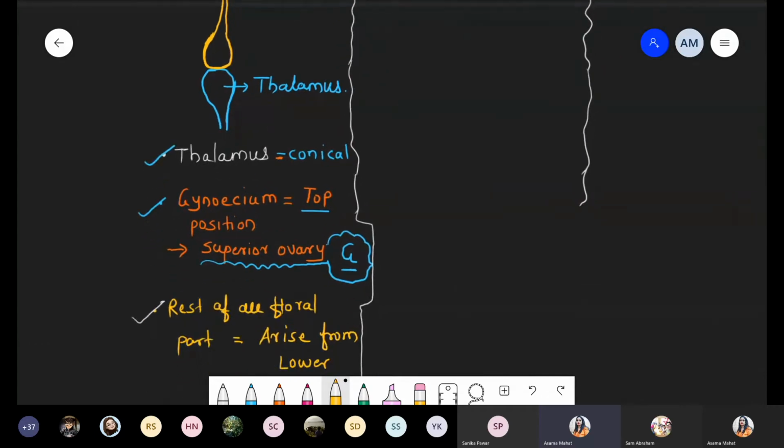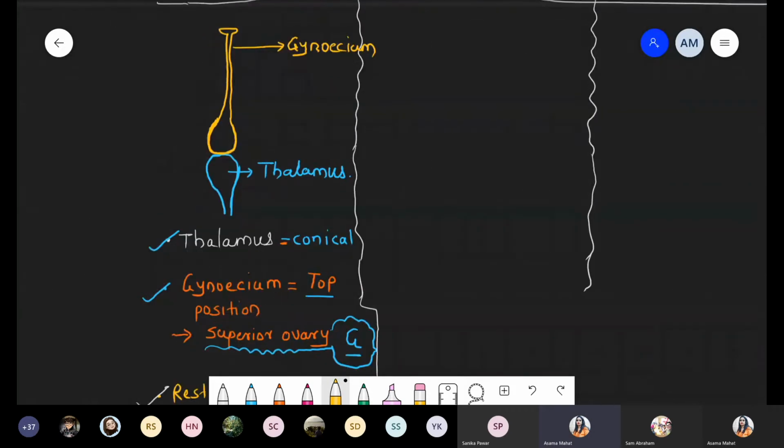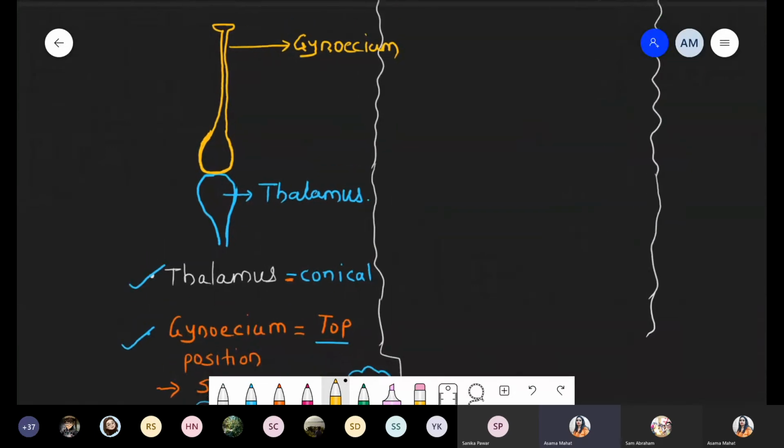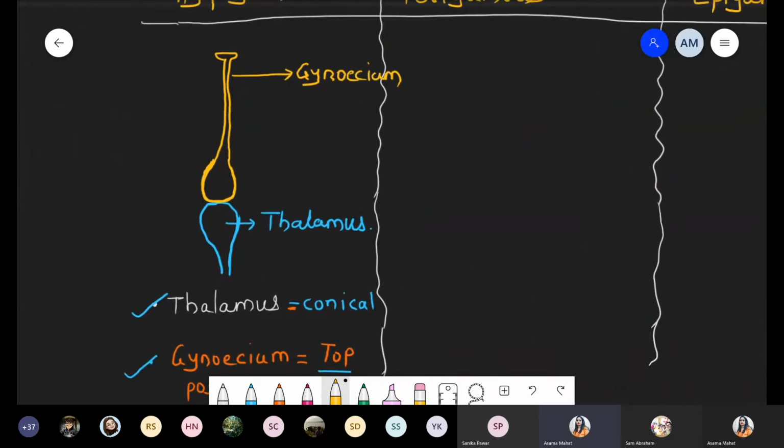And now see the third sentence. Rest of all floral parts arise from the lower part. So we have to draw the rest of all floral parts except gynoecium. Lower part means what? Now we are drawing from the lower. Here there will be the presence of androecium, the male reproductive part.